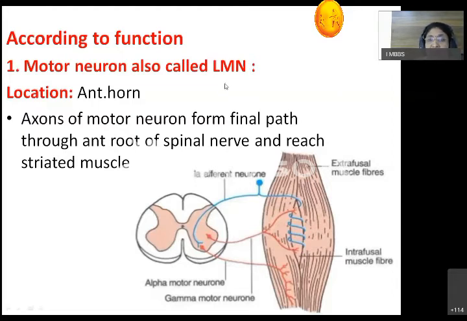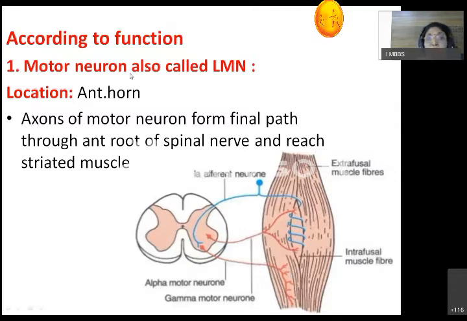There is a difference between lower motor neuron and upper motor neuron that we are going to discuss along with the tracts. But here just remember that lower motor neurons arise from the anterior horn and go towards the effector organ, for example, here in this skeletal muscle. So the lower motor neuron arises from the anterior horn and then goes up to the skeletal muscle.